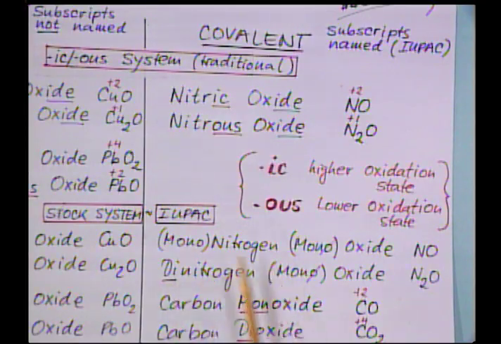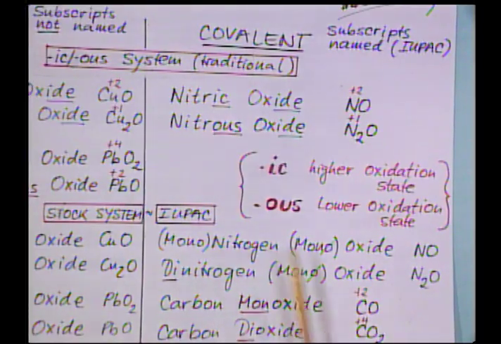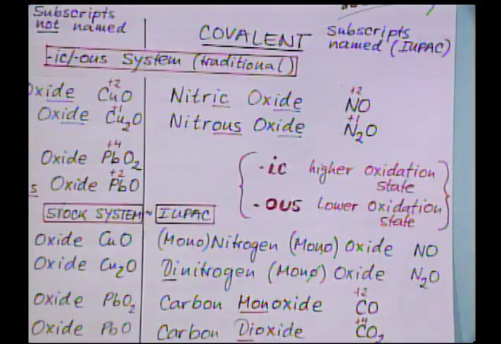So we say nitrogen oxide for nitric oxide. If we want to be super exact, we would have to use mono, but that's redundant. So often mono is not used unless there's a true distinction, like carbon dioxide and carbon monoxide. Here the mono is important.